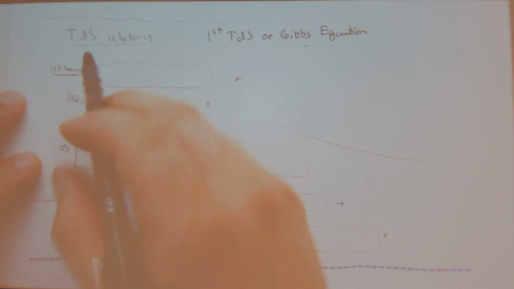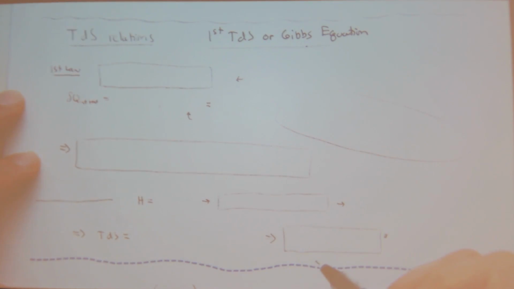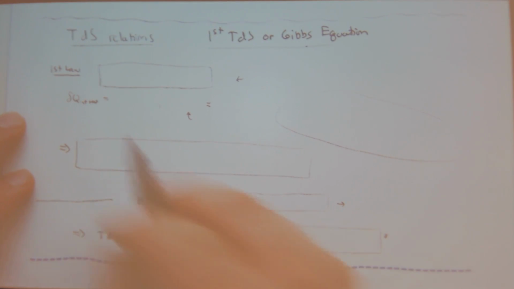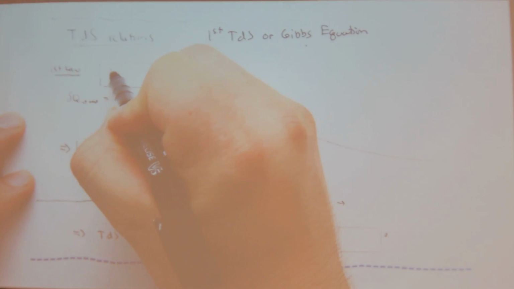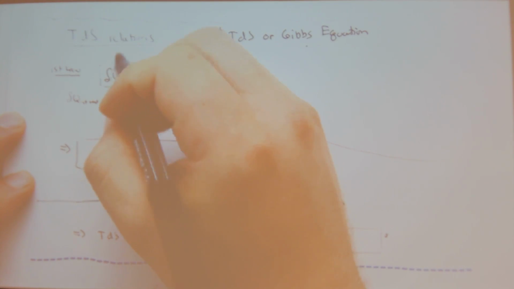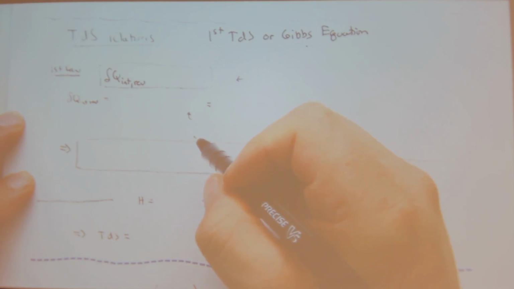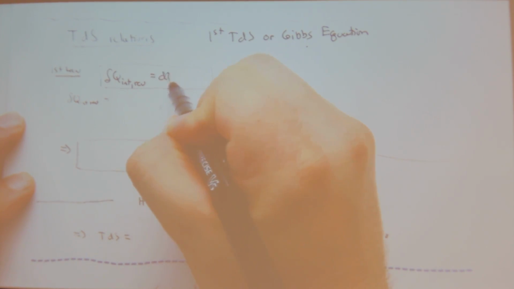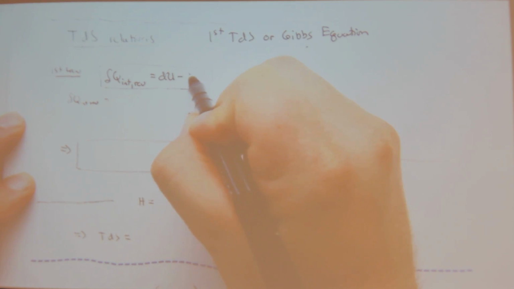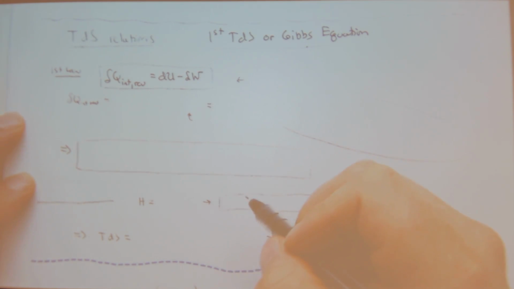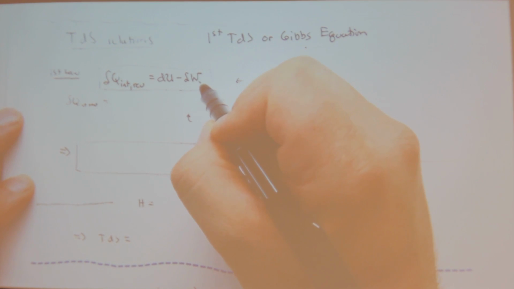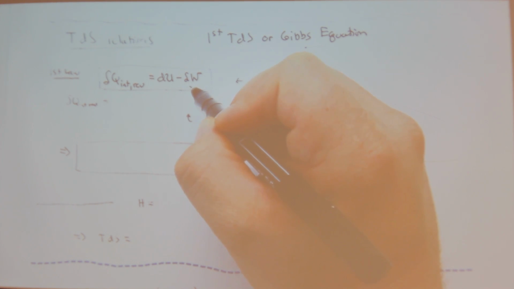To derive the first TDS expression, let's start with the first law. I have delta Q internally reversible equals dU minus some incremental amount of work.